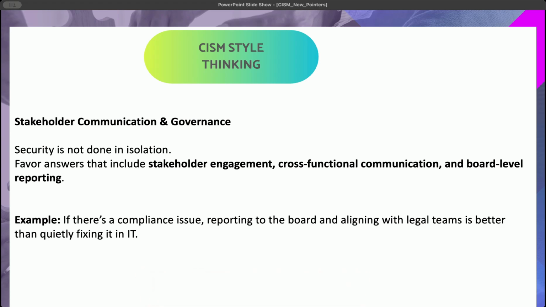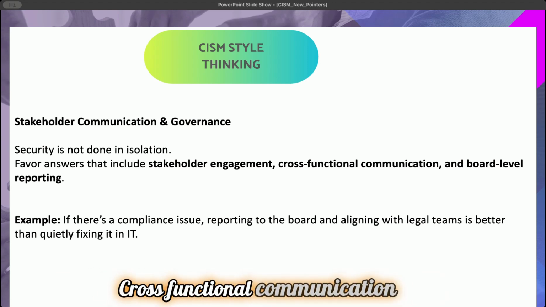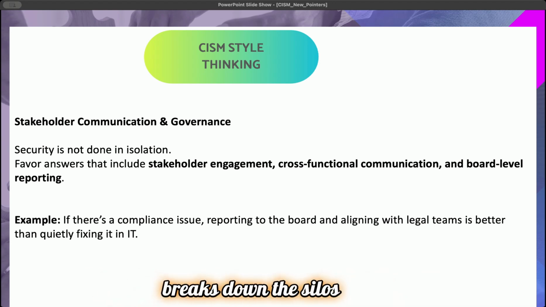Why is it important? Stakeholder engagement will ensure buy in, shared responsibility, and clarity on risk ownership. Cross functional communication breaks down the silos and improves the effectiveness of policies, incident response, and training.